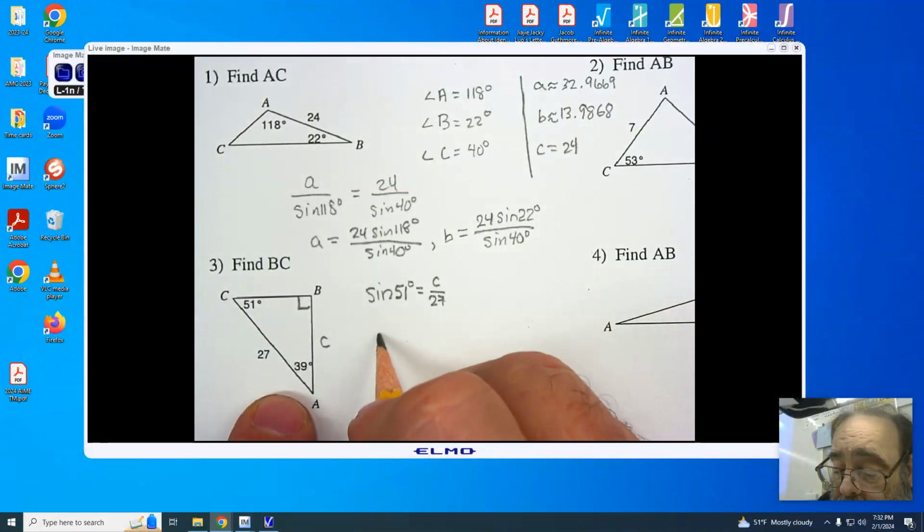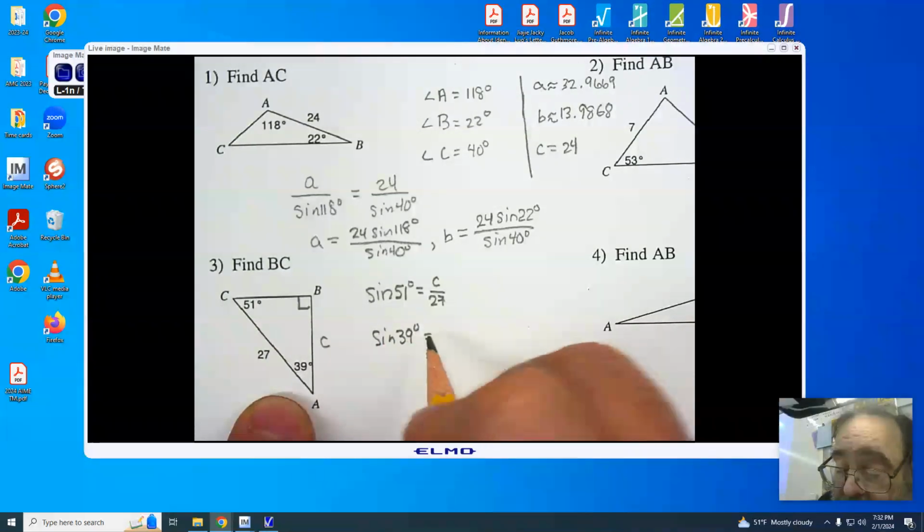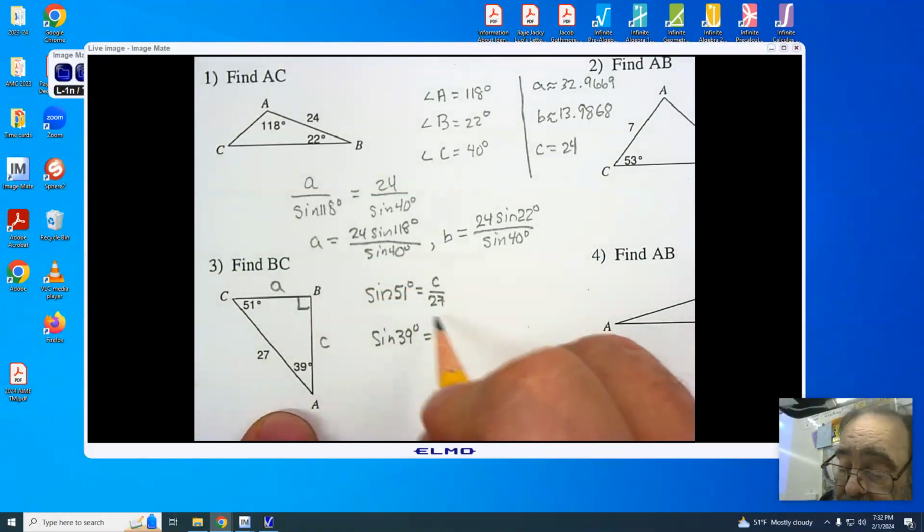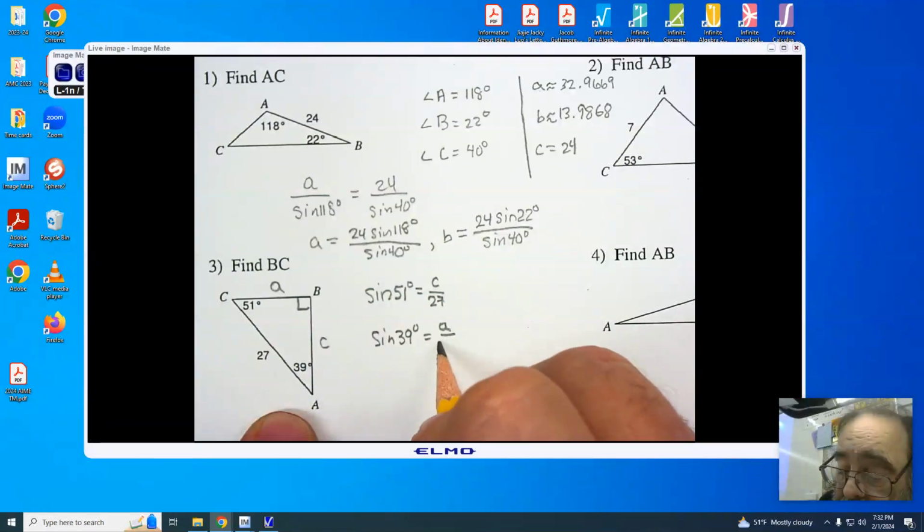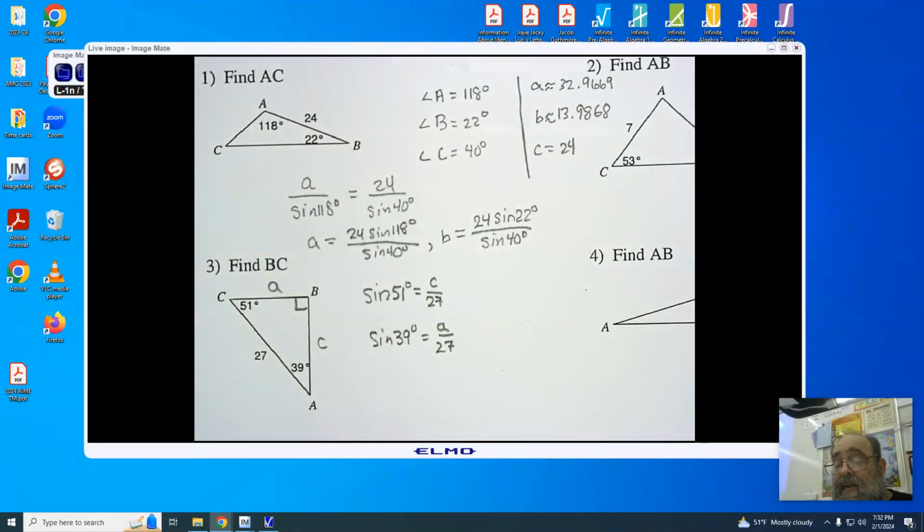And then I'm going to work with the sine of 39 degrees is equal to A divided by 27. Now, by working with my sines, it keeps me consistent, and I'm always looking from the perspective of the angle that I want and the opposite side to it.